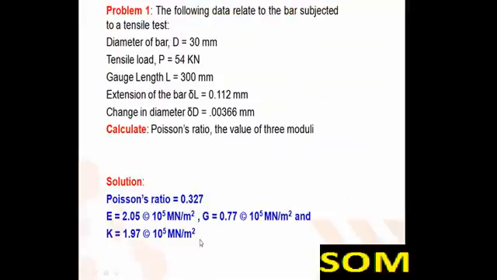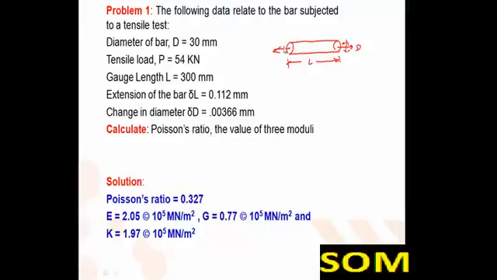Now we will solve certain problems. The following data relates to a bar subjected to a tensile test. Consider a bar of diameter D and length L. The bar is subjected to a tensile load.